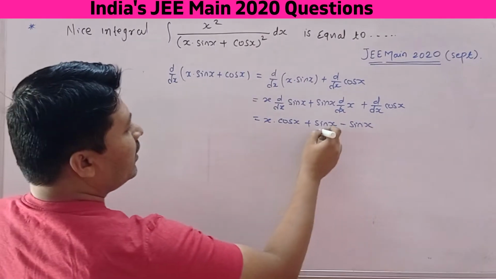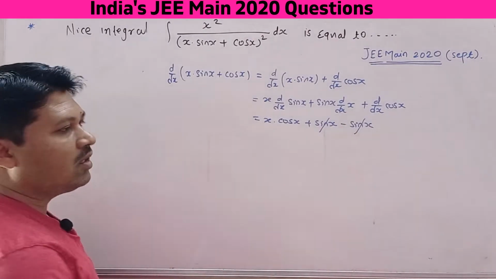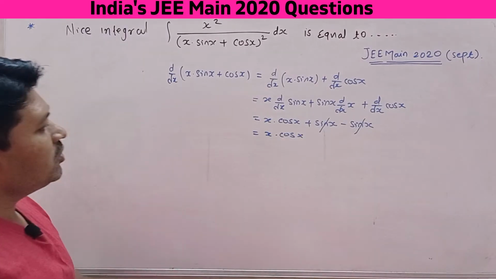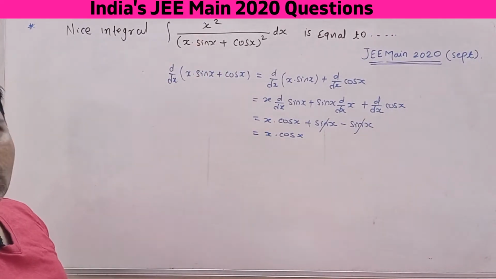The sin x terms cancel, and we get x cos x.